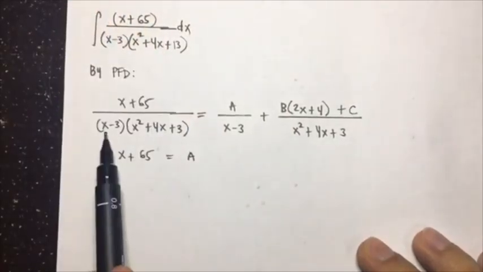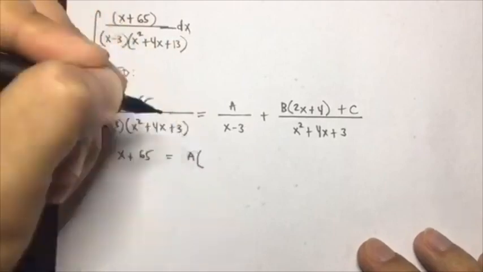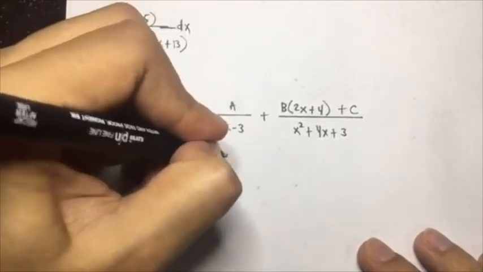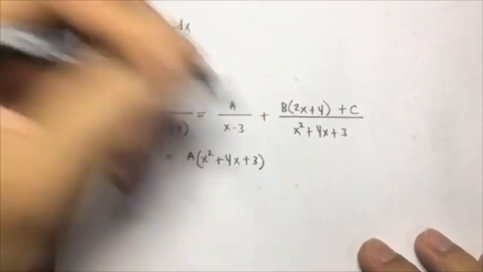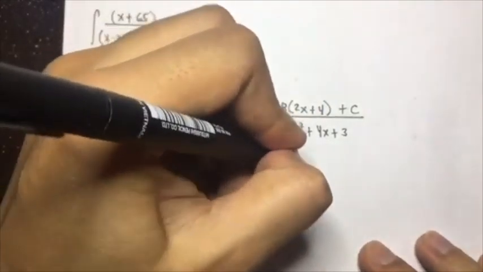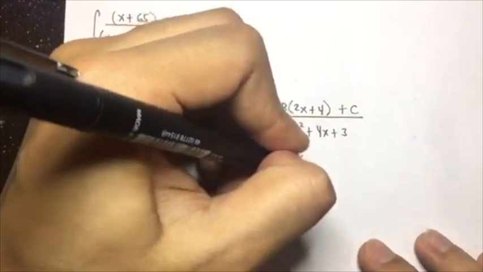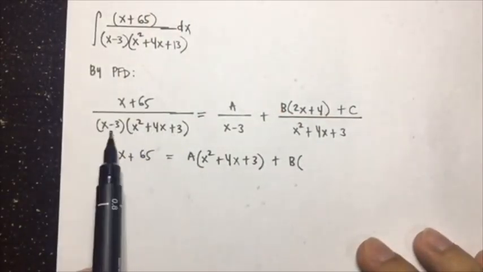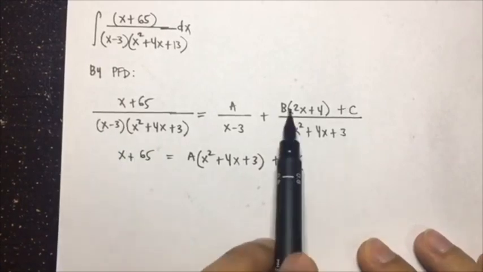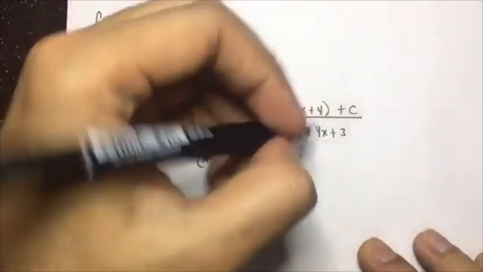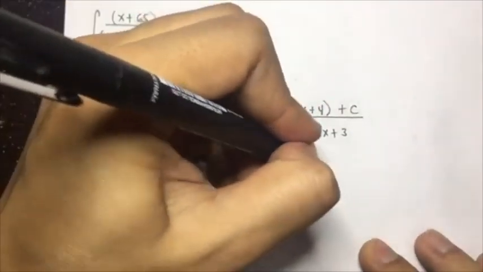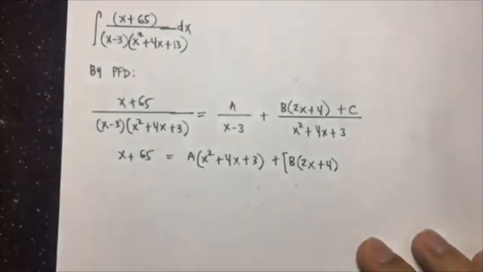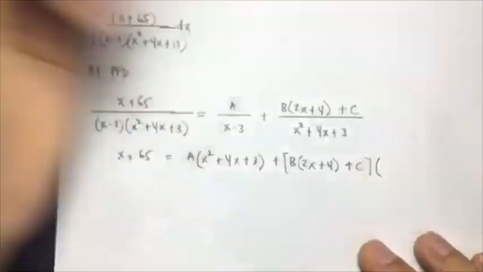If you cross multiply this, we will cancel x minus 3, then what will remain is x squared plus 4x plus 13, plus b. If we cross multiply this, it will cancel x squared plus 4x plus 13, so what will remain is the numerator multiplied by x minus 3. So b times 2x plus 4, plus c times x minus 3.